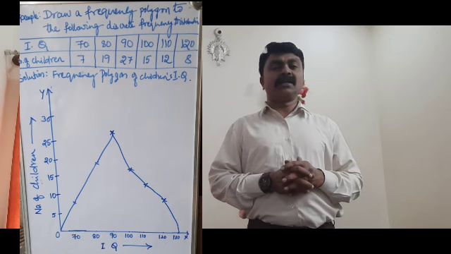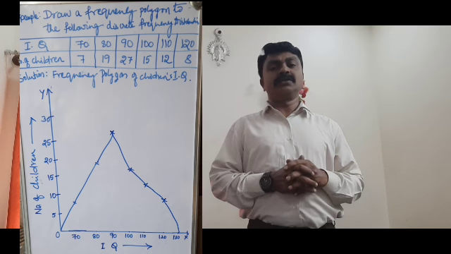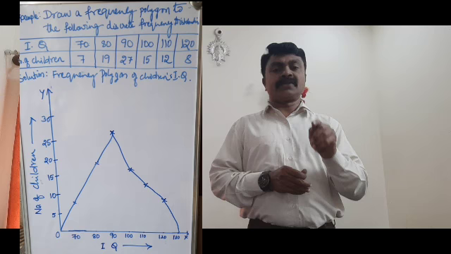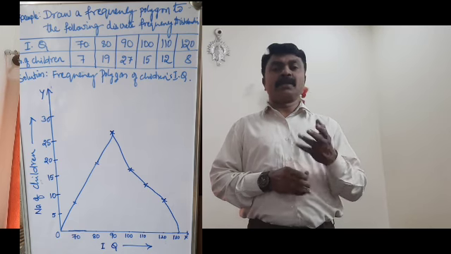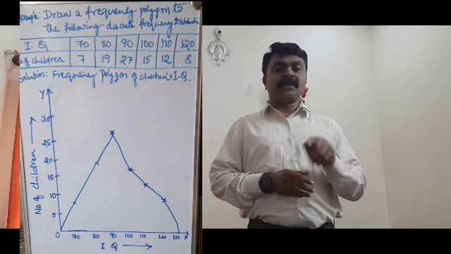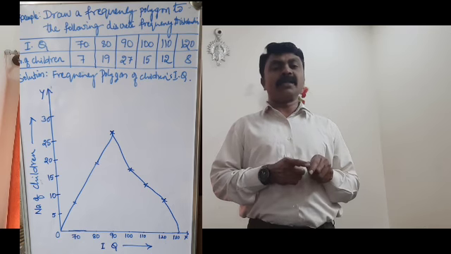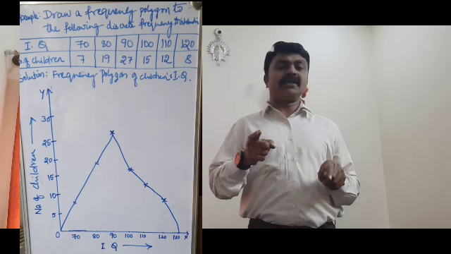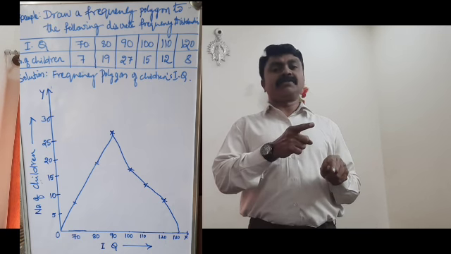Likewise on the x-axis, one unit is equal to 10 centimeters. Like that you have to construct it. Keep in mind the corresponding values of the discrete series and the frequencies.